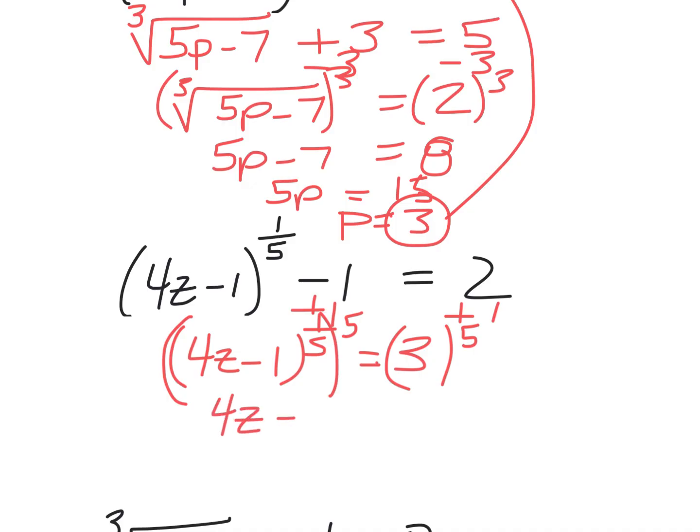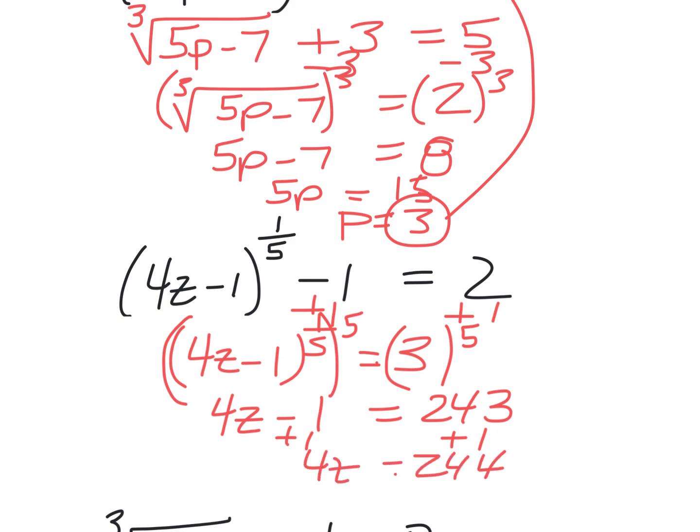I'd have 4z minus 1. 3 to the 5th. So on the board there, it's one of those. So it's 243. I'm going to add 1. Should be 244. And then dividing by the 4 is going to give me z to be 61.